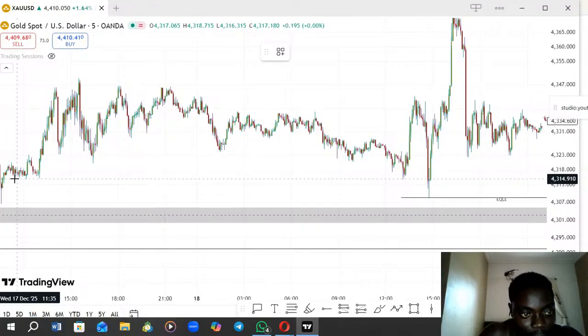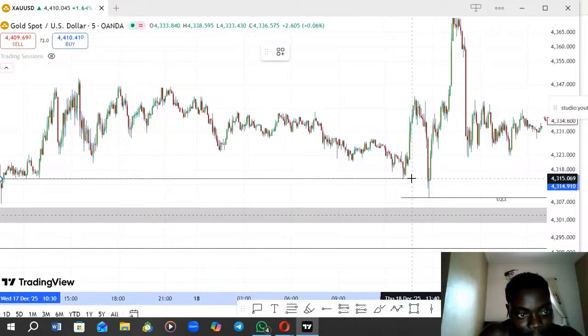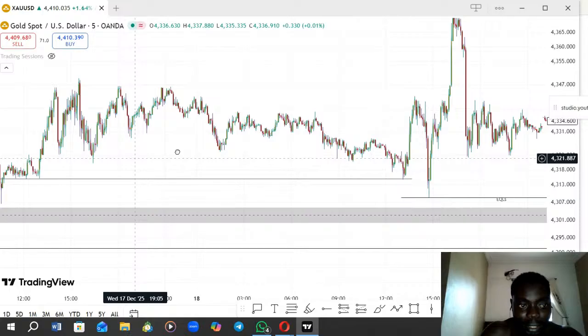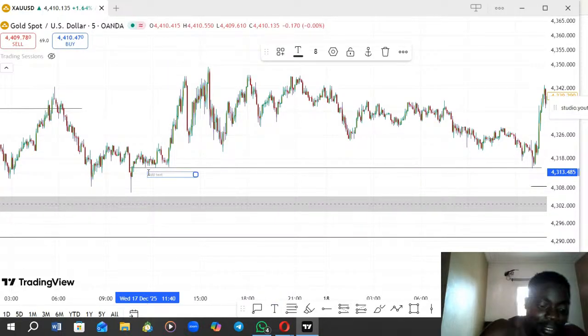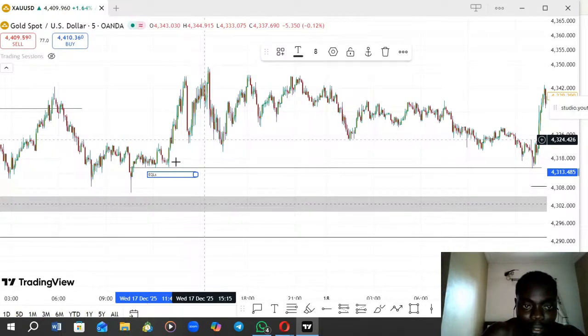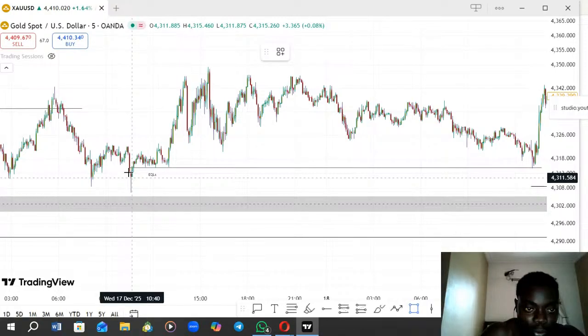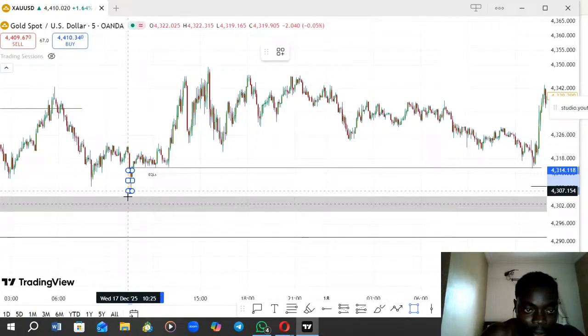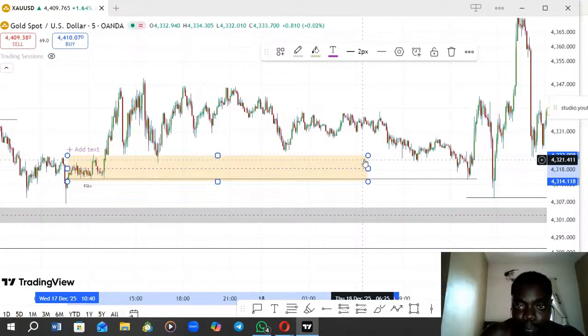Those equal lows that I saw here, I said, okay, gold is going to come down here to take out this low. So I marked this area, that candle there, that wick there, as my point of interest.